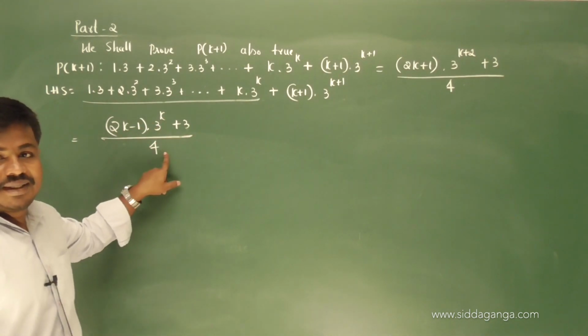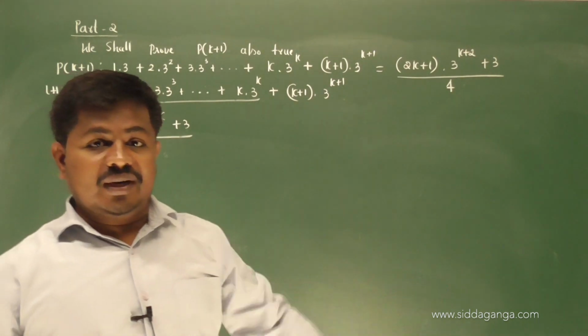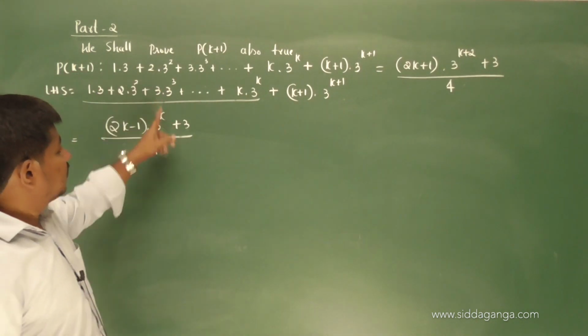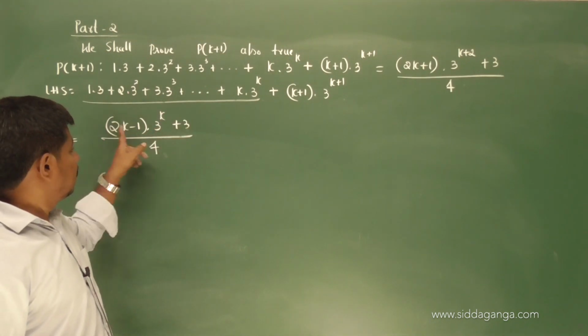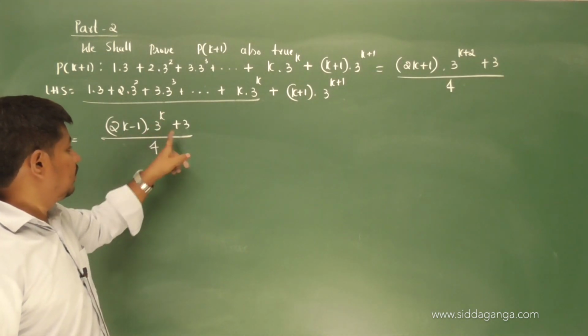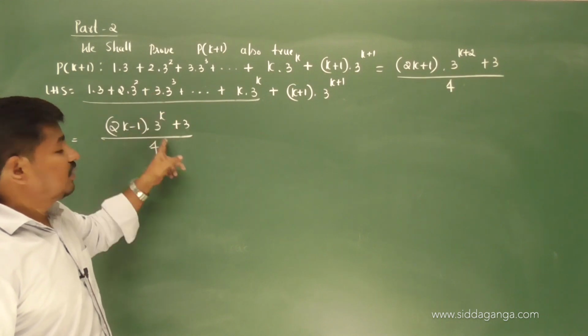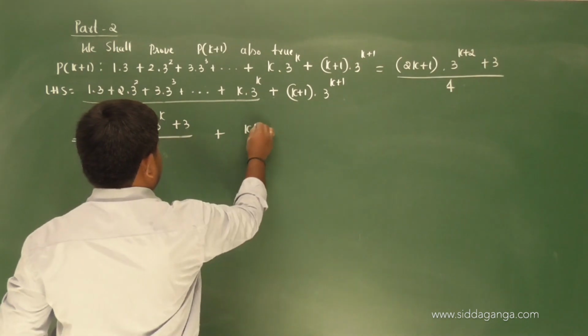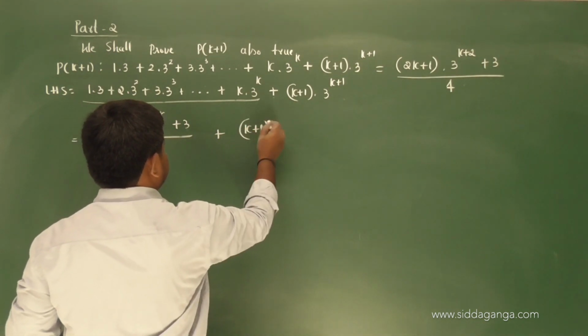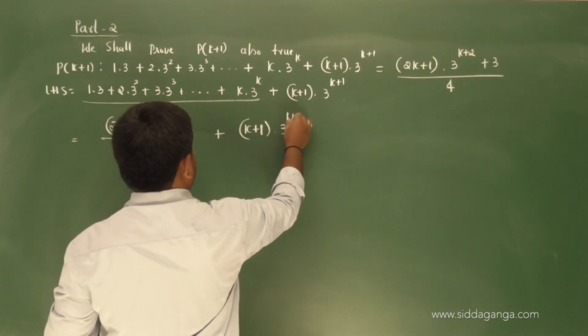That's P of n, but here this is the result of P of k. It is true for k terms, so 2k minus 1 into 3 power of k plus 3 by 4 is what from the equation 1, plus k plus 1 into 3 power of k plus 1.